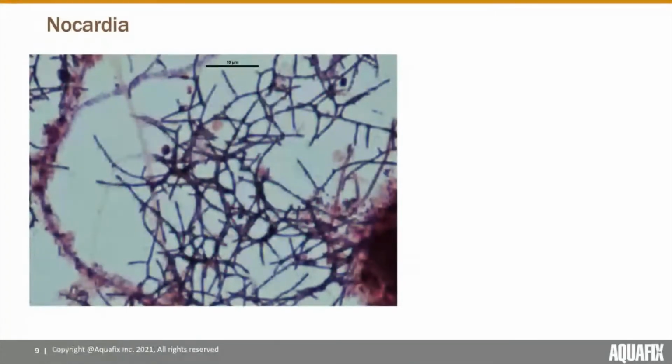Now, somebody asked earlier in the presentation to touch on washout rates for filaments. That's an interesting question. Generally speaking, Nocardia forms and Microthrix, our foaming filaments, have a low density fatty cell wall, which causes them to float to the surface of a basin. But some of the filaments are going to remain suspended in the free liquid in your mixed liquor, and some of them will be trapped inside of flock.